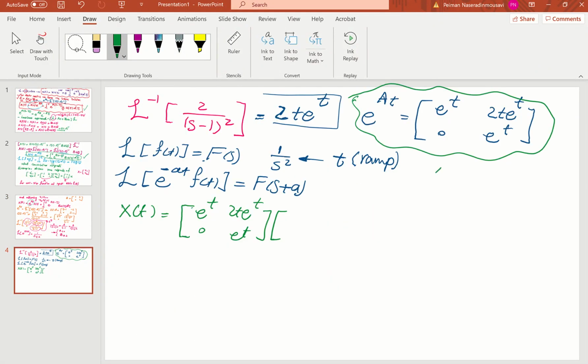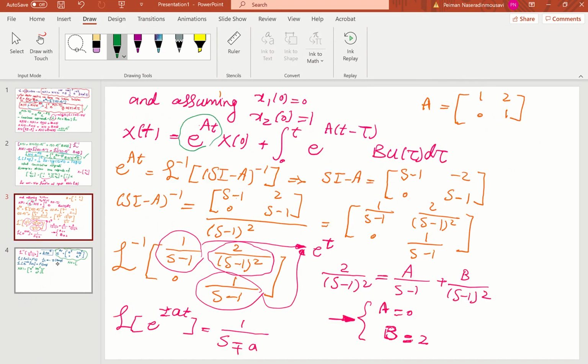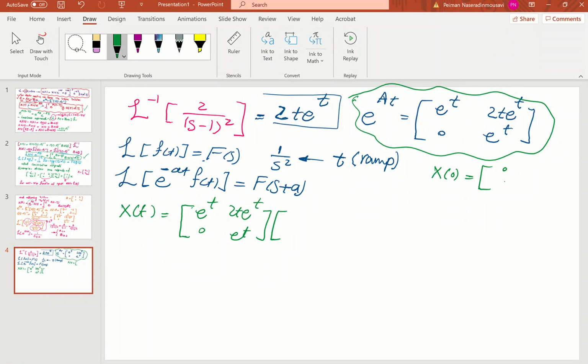Your x naught, x0 meaning at time 0, based on the given information of the problem, is 0 and 1. So e to the At x naught, plus the integration from 0 to t.